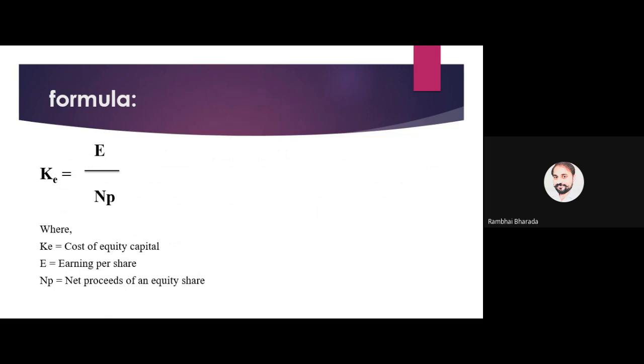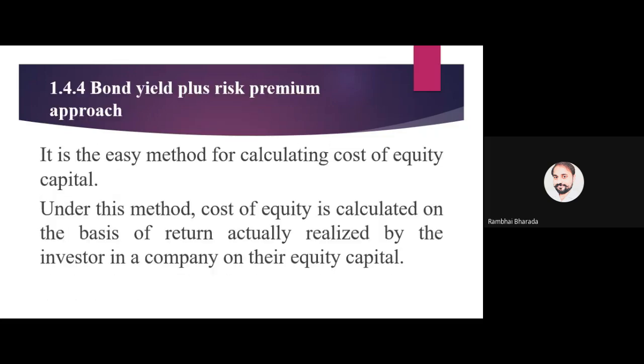So: dividend divided by NP is the dividend price approach, dividend divided by NP plus G is dividend plus growth, and E divided by NP is earning price. Now the fourth one is bond yield plus risk premium.